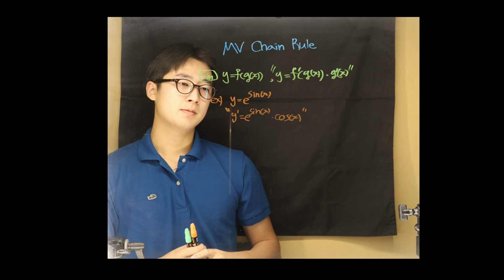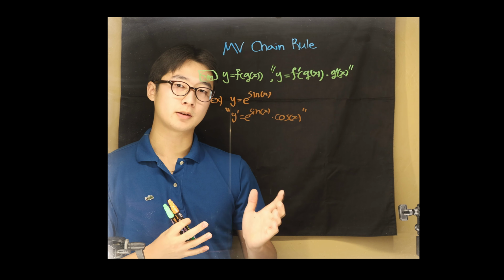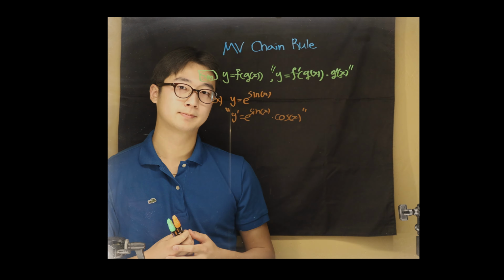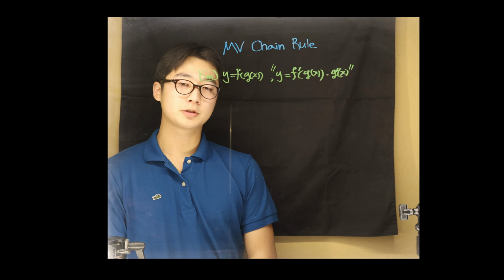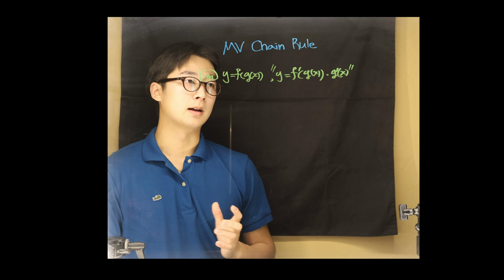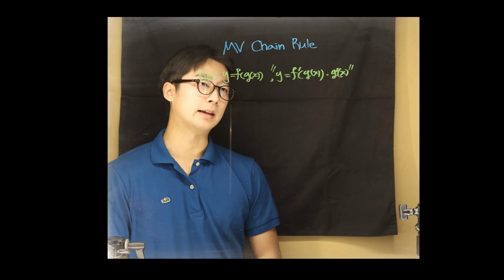All right. Now let's talk about the same rule, the chain rule, but in multivariable space. Before we get into the chain rule in multivariable situation, I forgot to mention just one thing.